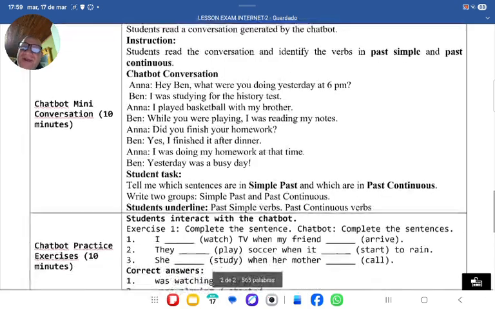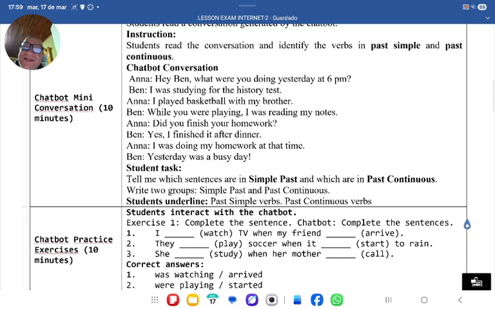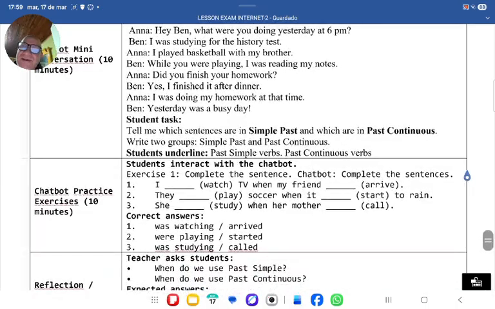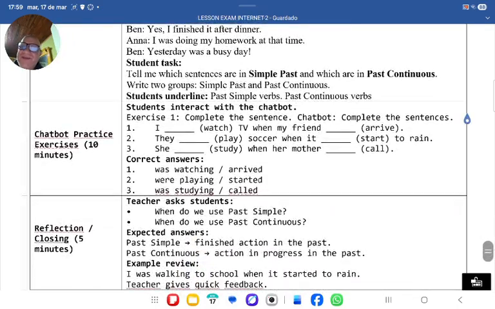So I copy the conversation from the chatbot, and then the chatbot gave the students some exercises. For example, the chatbot wrote, "Tell me which sentences are in the simple past and which are in the past continuous." The students have to interact with the chatbot and write the right answers.